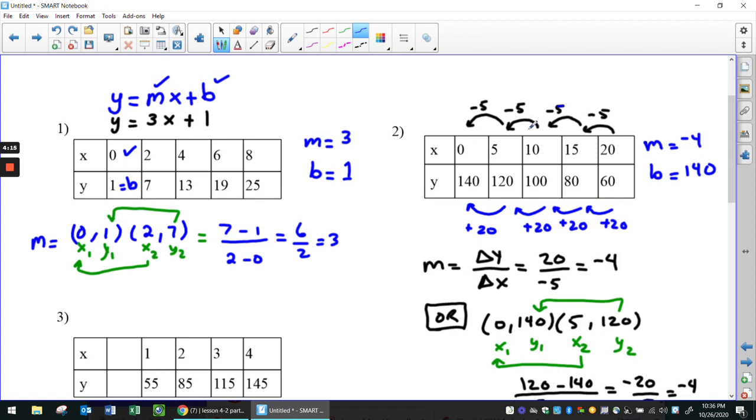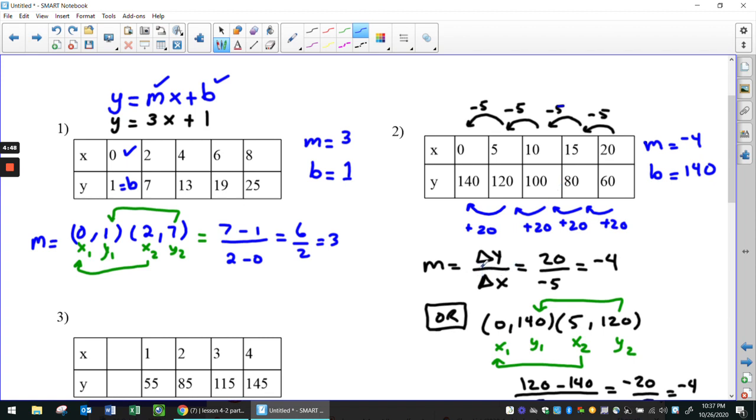You could go this way, going to the right and looking at 0 to 5 increasing by 5, and 140 to 120 decreasing by 20. The reason why I like to go towards the 0 is that sometimes you need to come up with the y-intercept yourself, so it's always better to draw your arrows towards where x becomes 0 in order to find your y-intercept, and you'll see that on the next example.